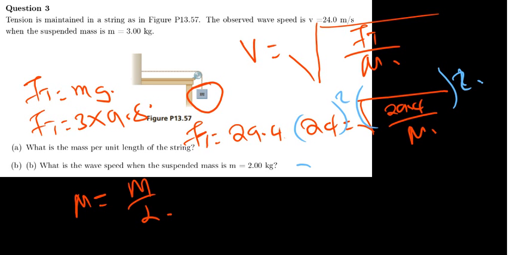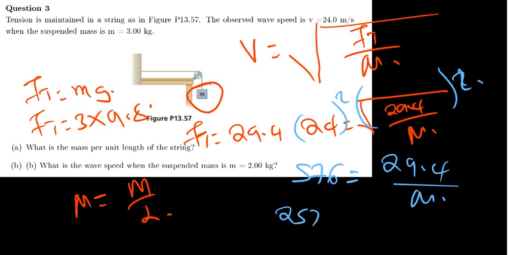So I found it. I'll cross multiply, and then I'm going to find 576 times the linear density. Then I'll divide both sides by 576. What is our linear density?